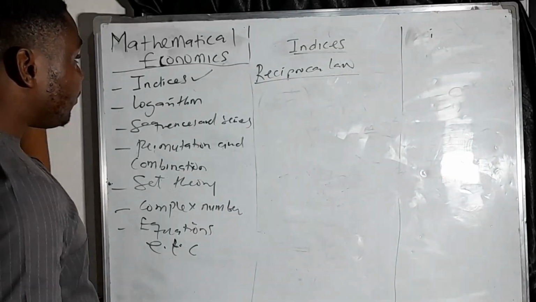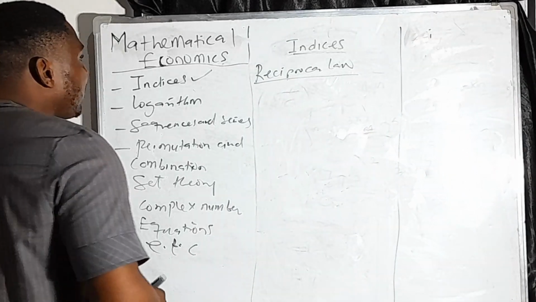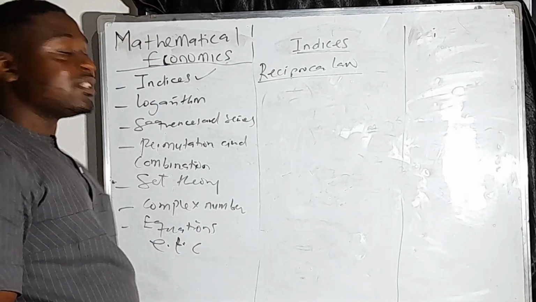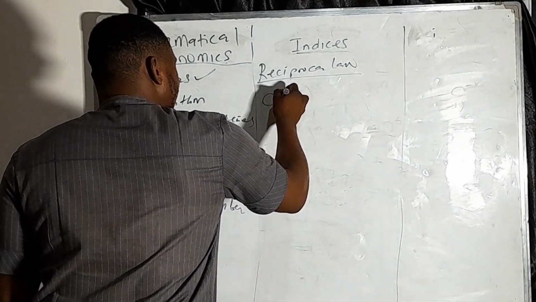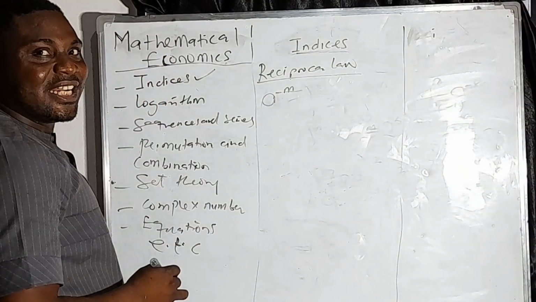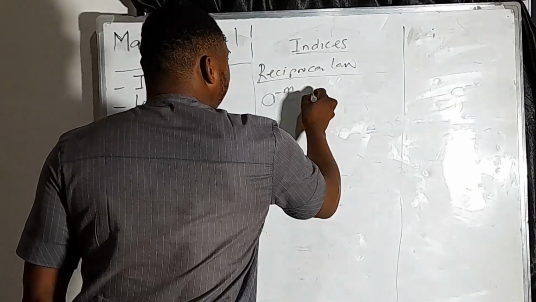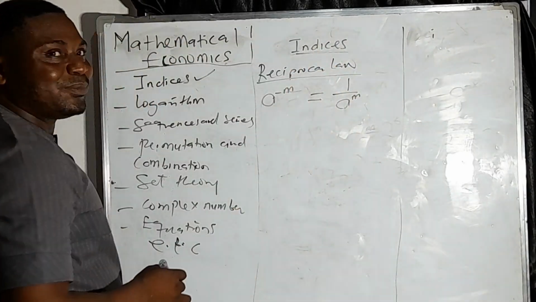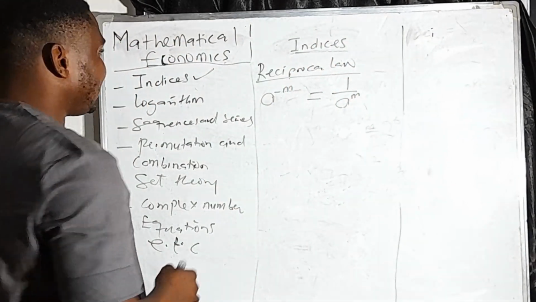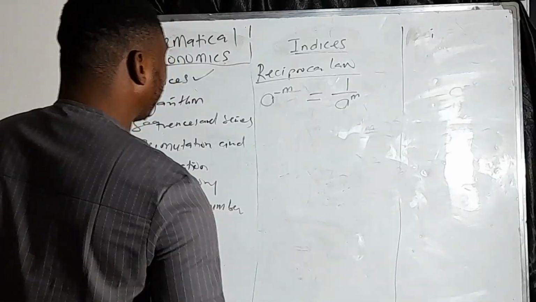The next law is the reciprocal law, or we call it inverse. For example, when you have A raised to power minus m, the law says it's the same thing as 1 over A raised to power m. That's the inverse, the reciprocal of it.